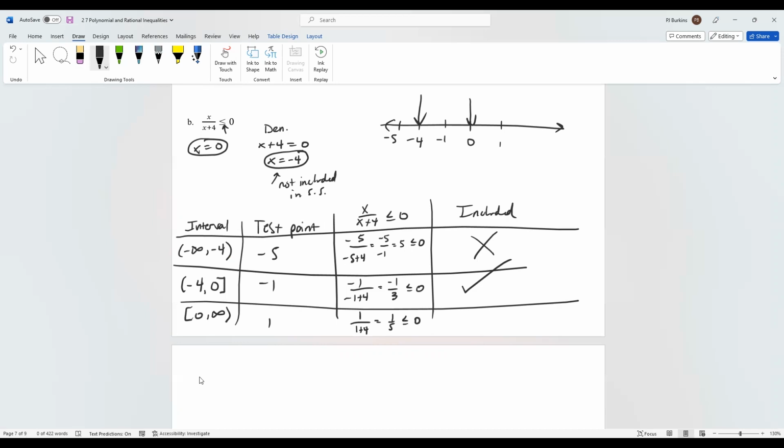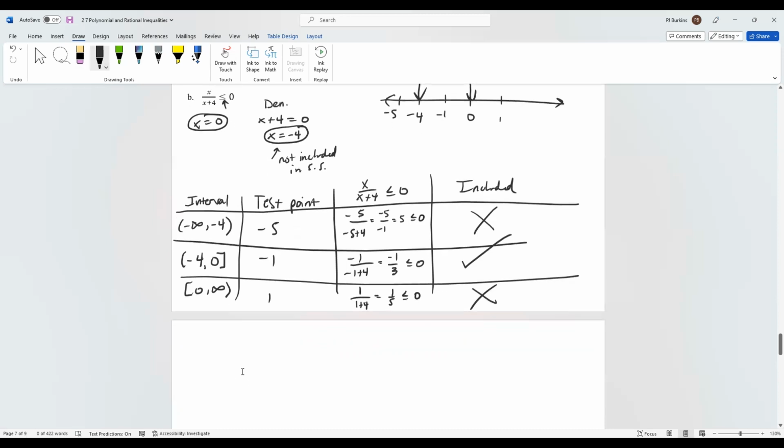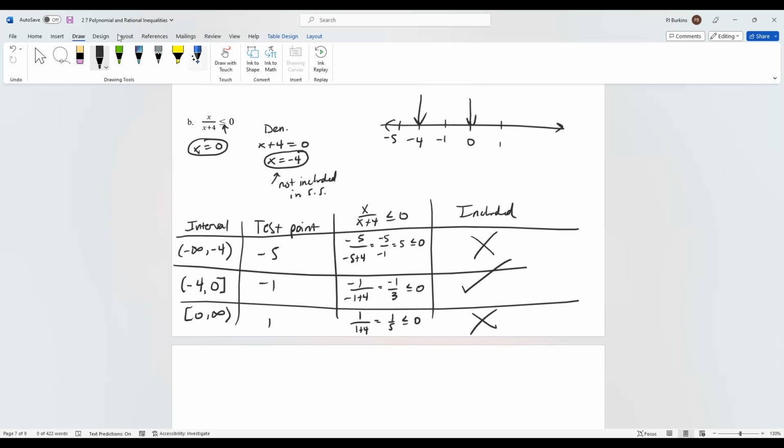It is not, so we do not include this either. So it did come into play right in this situation that the -4 is not included. So if you had put the bracket for -4, you would have gotten the wrong answer. So our final answer, right, our solution set is -4 to 0. 0 is included, -4 is not.